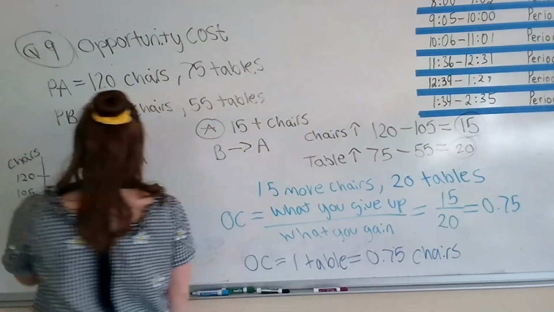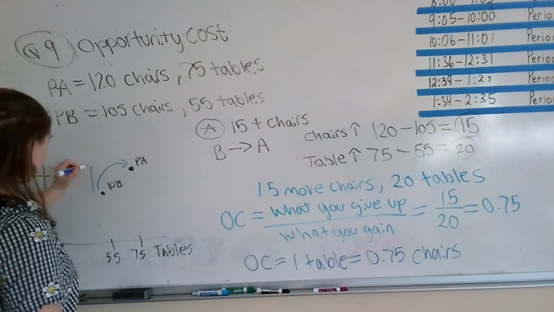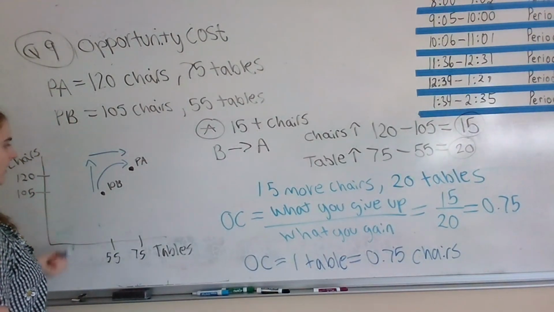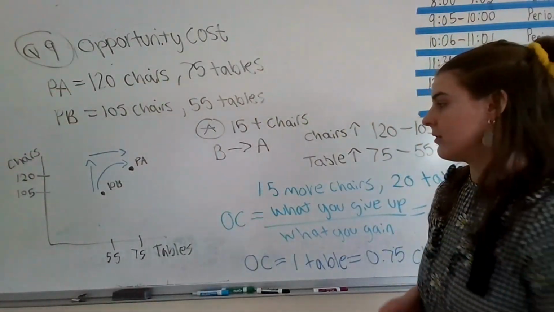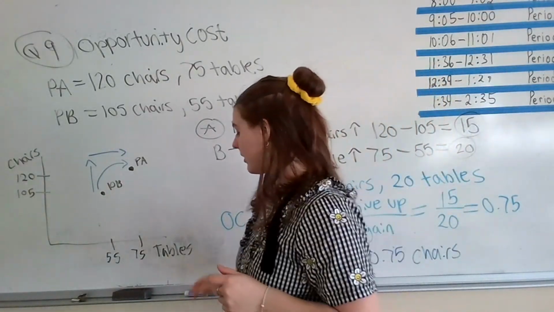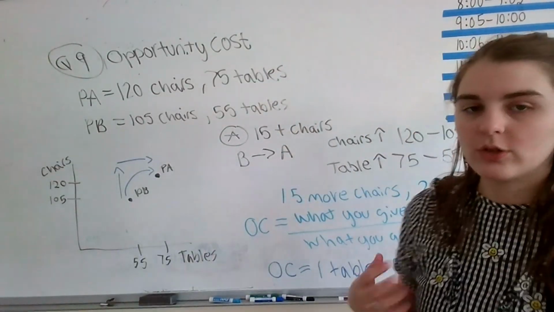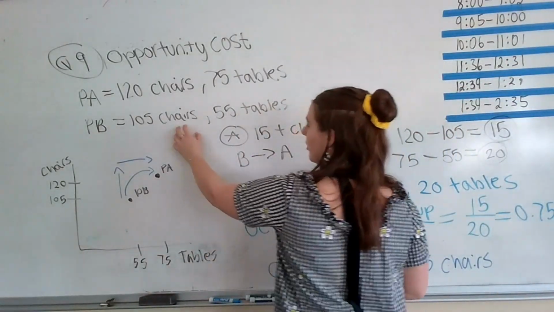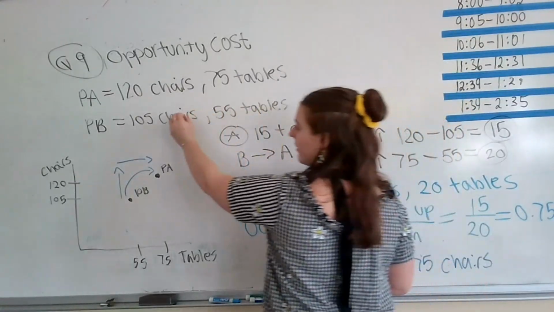So remember, we're moving from here to here. And to go up and over, we have to give up something of something else. It's very similar to the way we do budget constraints, right? When we have a budget constraint, we have to give up one good in order to consume more of the other. When we talk about it as an economy, we have to do the exact same thing. To give up or produce more chairs, we would probably have to produce less tables. To produce more tables, we have to produce less chairs.